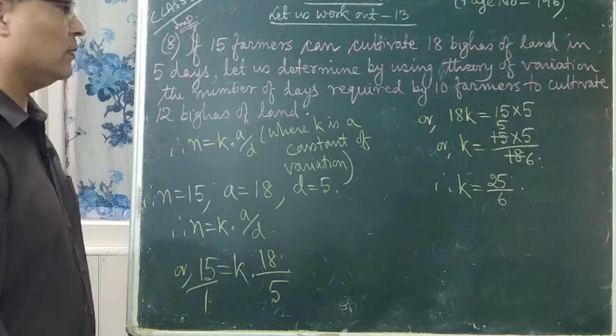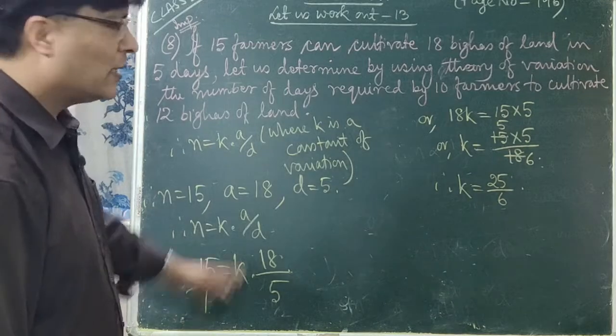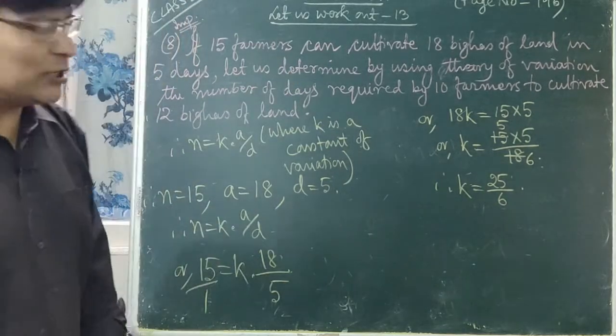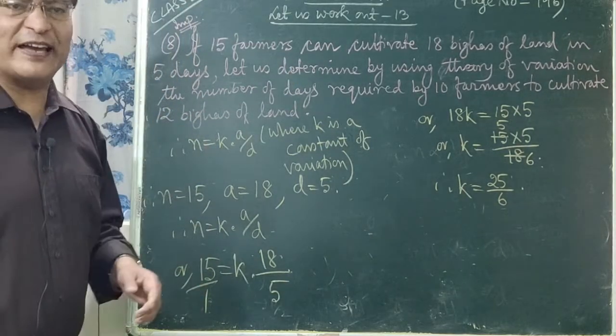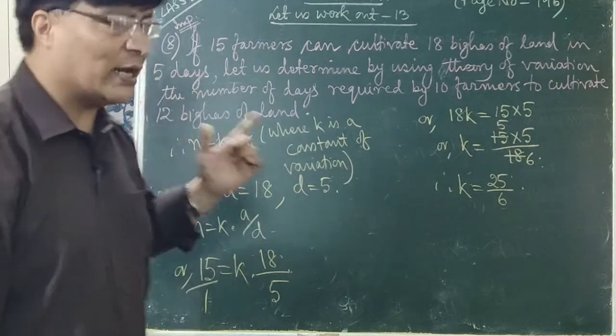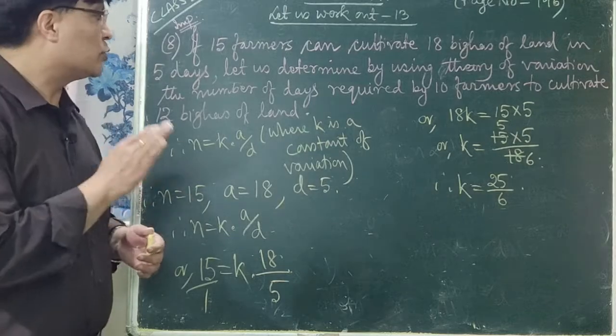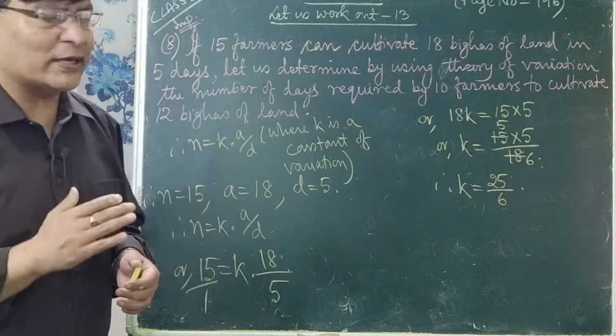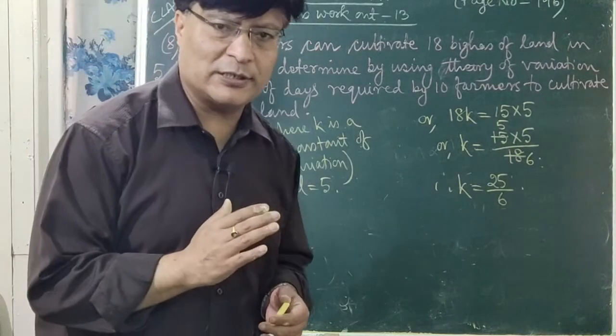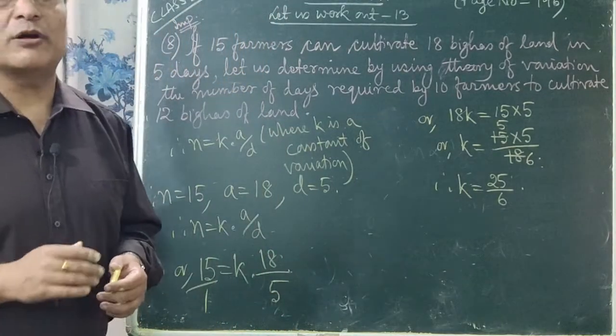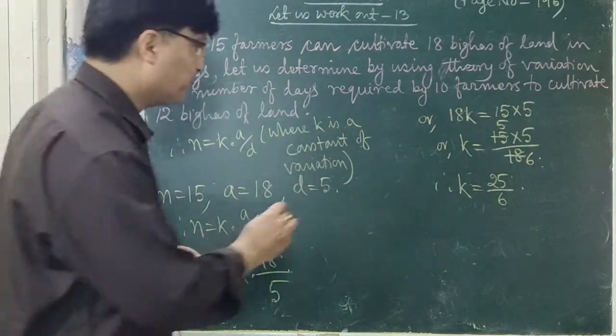Now what is to be determined in this case? Let us determine by using theory of variation the number of days. You have to find out the number of days required by 10 farmers to cultivate 12 bighas of land. So in order to cultivate 12 bighas of land by 10 farmers, what will be the required number of days? You have to find it. Okay?